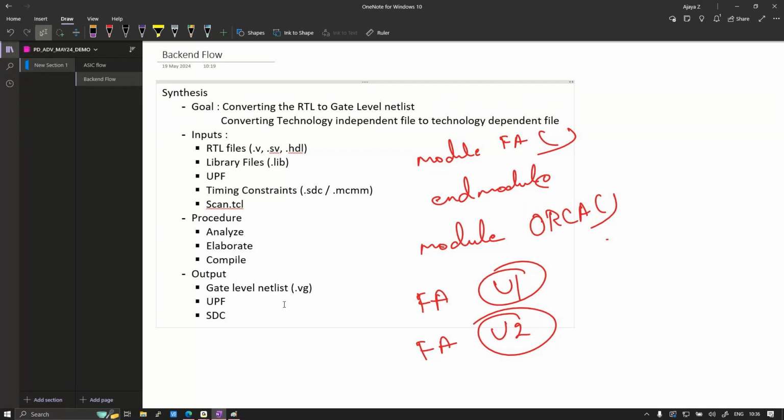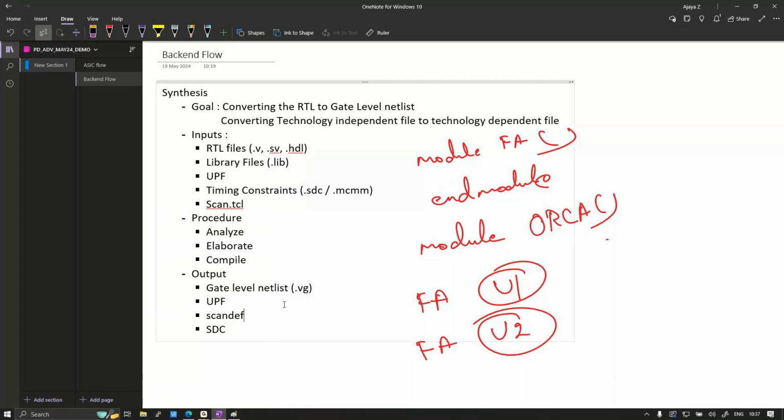It will not be released to the physical design team. What we will release is the gate level netlist, UPF file, and scan file. Those are the major three files which you will release to the physical design. SDC is not released. Why is it not released? I'll keep that as a pause.